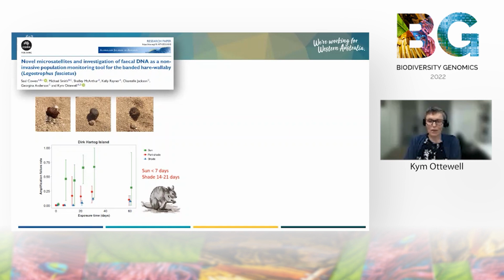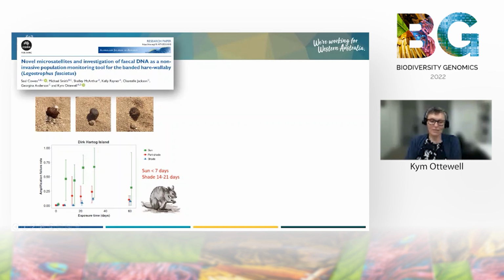We found that the methodology was successful. We were able to obtain DNA from scats quite readily, but the exposure to different environmental conditions really impacted the DNA quality and the quality of genotyping obtained from those scats.